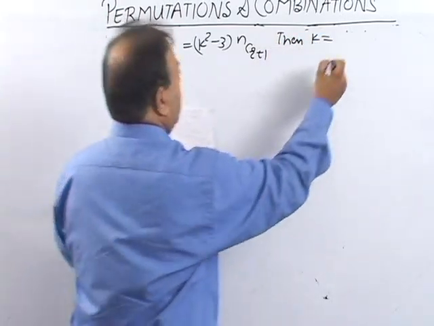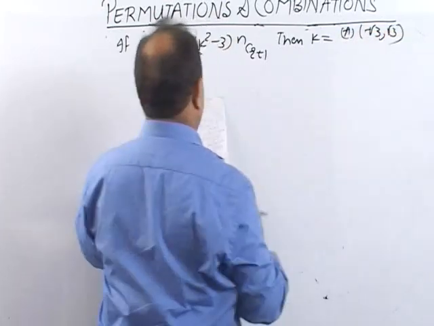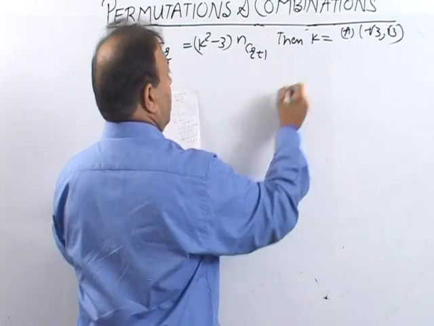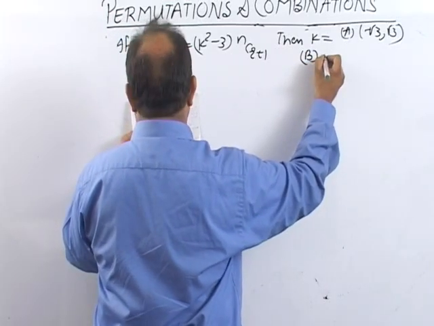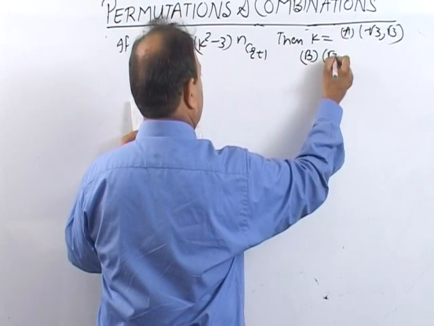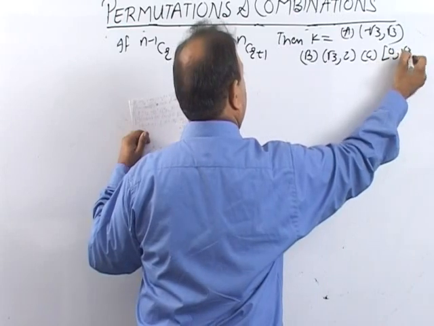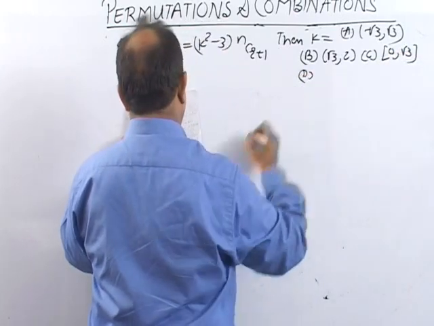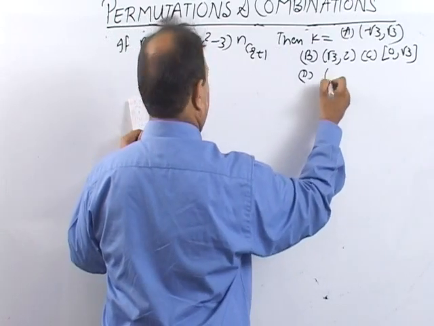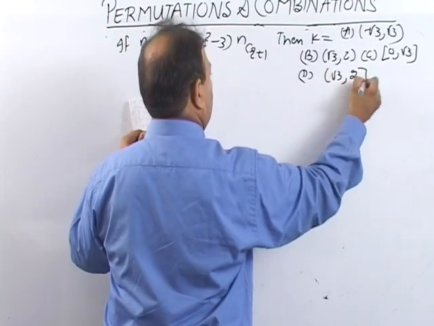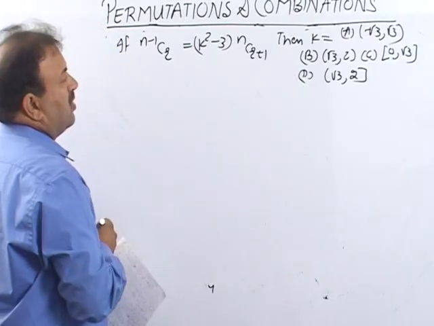The options given are: A, minus root 3 comma root 3; B option we have, root 3 comma 2; C option is 0 comma root 3 in a closed bracket; and D is root 3 comma 2. So these are the options we have been given.